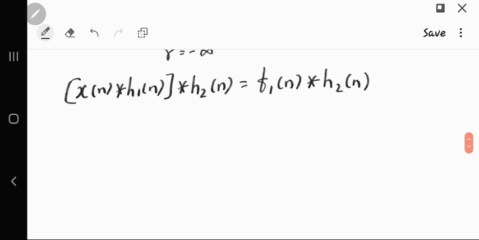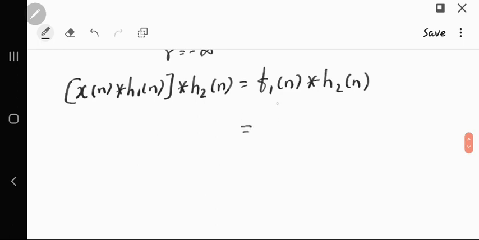So why have I written like this? Because as you can see here, x of n convolved with h1 of n we have defined as f1 of n, and the h2 of n I am writing as it is. So this one is f1 of n and this one is h2 of n.